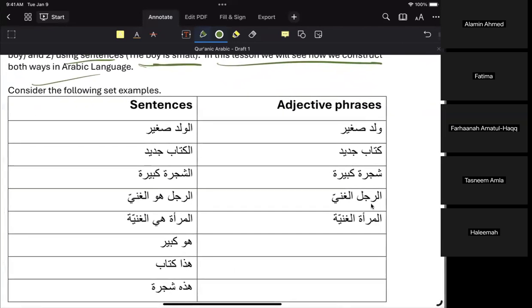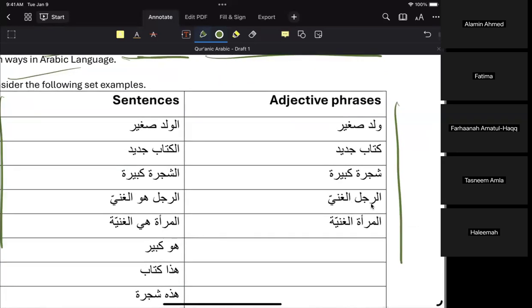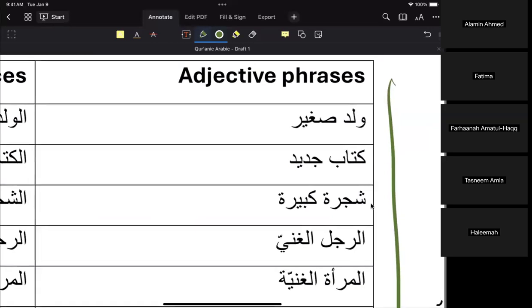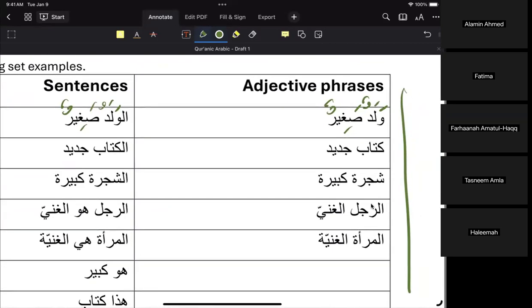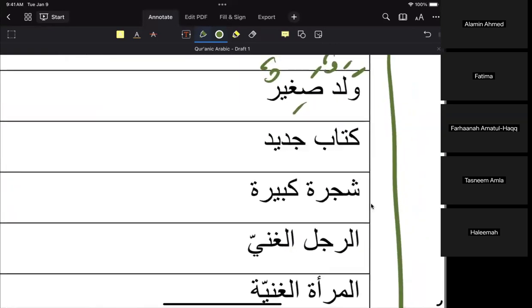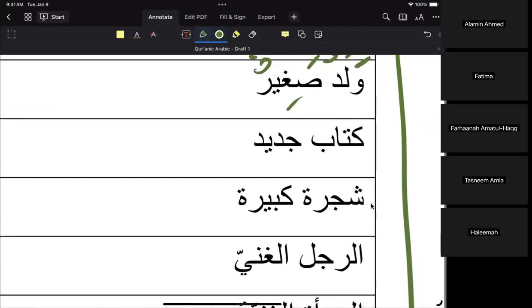First, I want you to look at these sentences or phrases and see if you can figure something out. The first one says waladun saghirun, and here it says al-waladu saghirun. Next one I'm going to ask you, so make sure your fingers are ready.